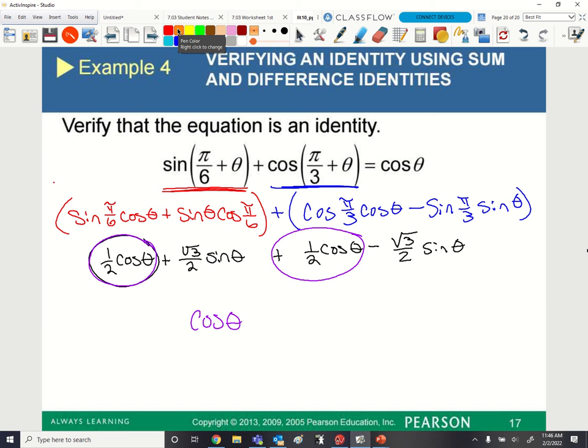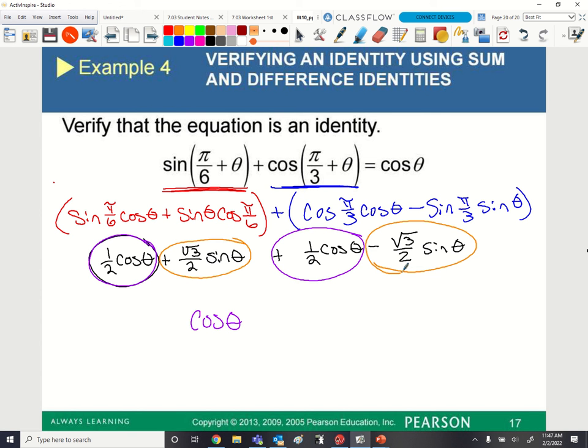So the next part I have is a sine theta. Sine theta is a different variable. It's going to be right here, which is a positive rad 3 over 2, right? Yes? Now let's go over here. We have a negative rad 3 over 2 sine theta here, don't we? So when I combine those two things together, I get 0.